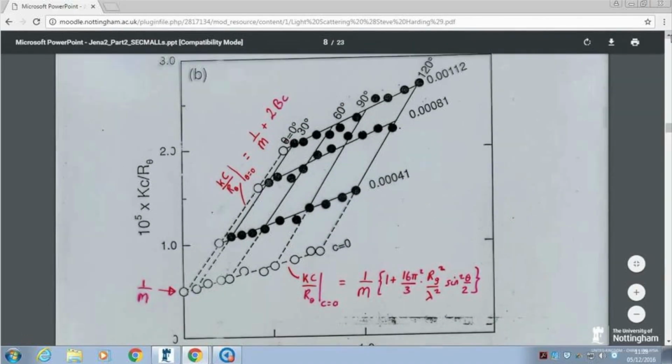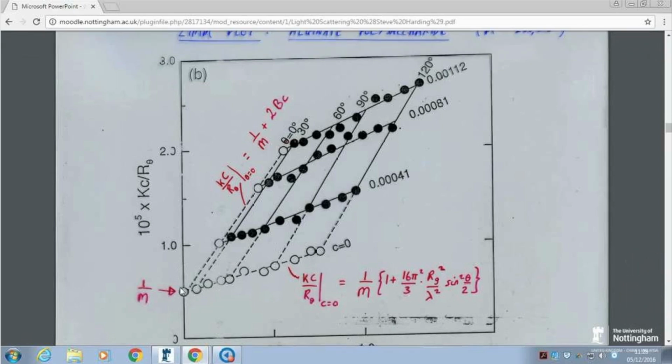In practice, if we can work at very low concentrations, then we do that. And in fact, modern light scattering instruments are so sensitive that we can work at very low concentrations. So normally, these days, we don't have to do the concentration extrapolation unless we're dealing with very non-ideal systems.